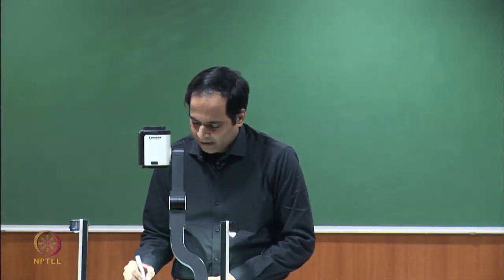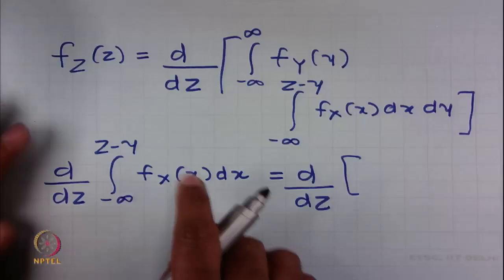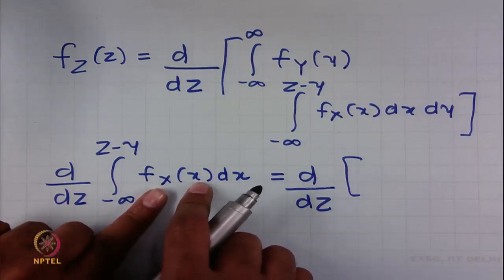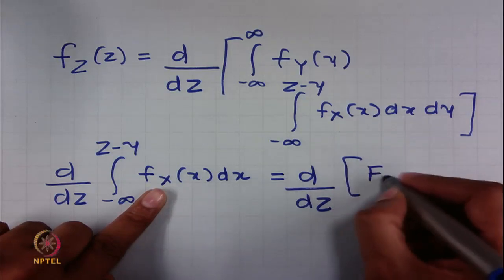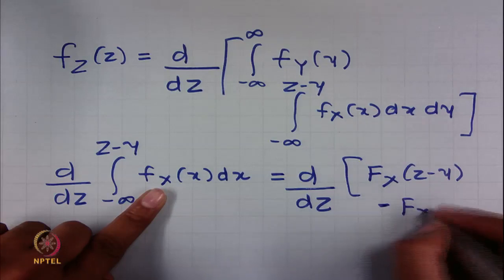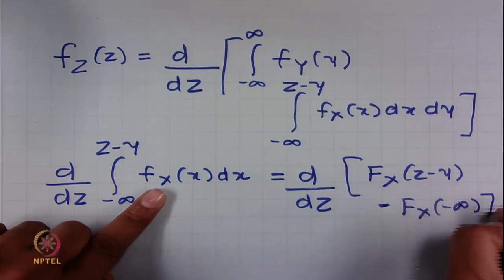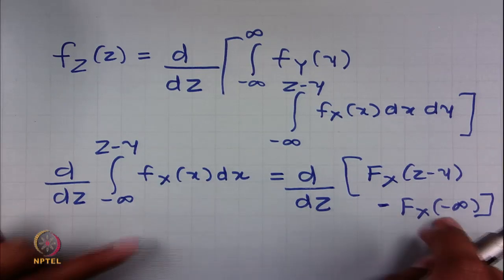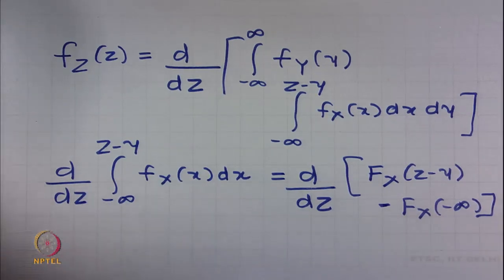So, we get integration of PDF of x is the CDF of x. So, what we will get is this minus F x of minus infinity. Now, this quantity is 0. Why is this 0?